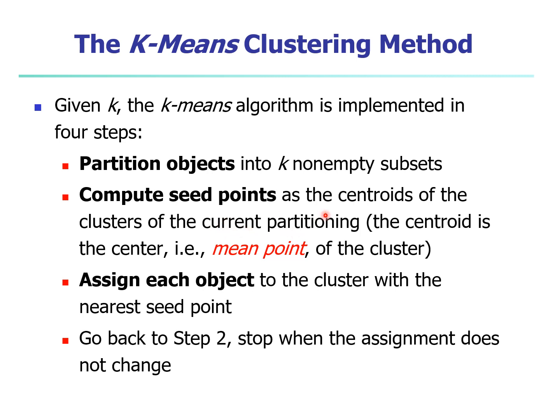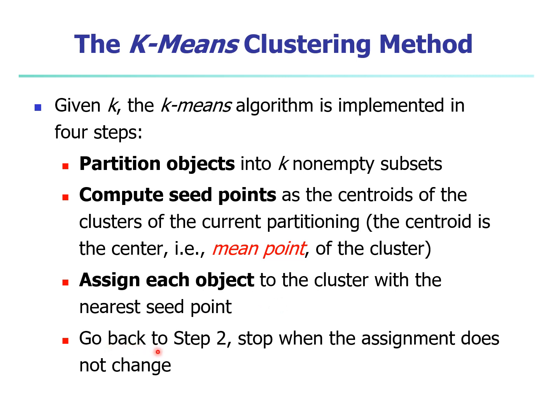We will find a point at the center of the cluster, and we call this a seed point. Now this seed point can change along the way. And the centroid is the center, the mean point of the cluster. Now, we assign each object to the cluster with the nearest seed point. So after we identify a seed point, we assign each object to the nearest seed point.